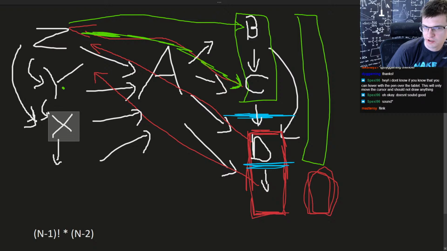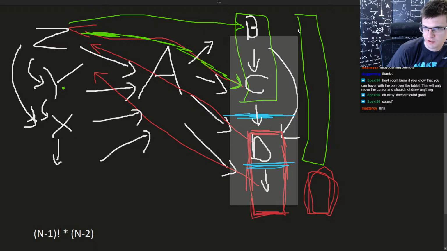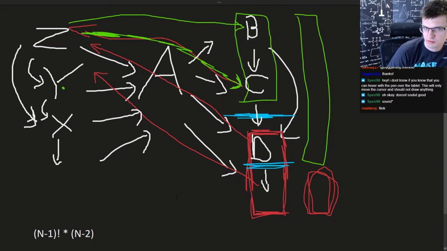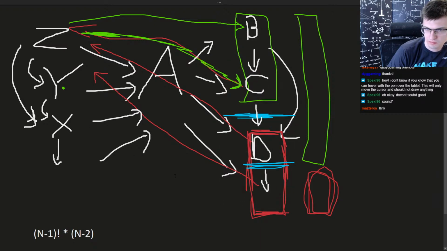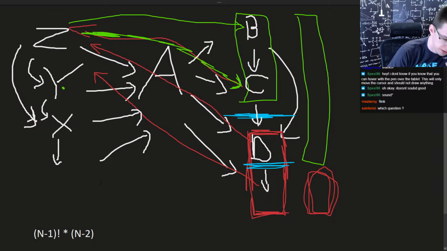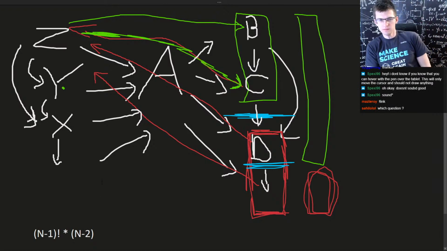Can it happen that for X, everything on the right will be green? So I have edges there, but from something there, in particular from the last guy here, there is an edge to Z, and then from that there is an edge to X. I think that's illegal.